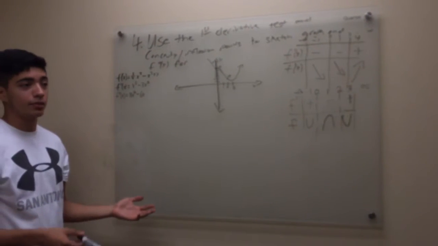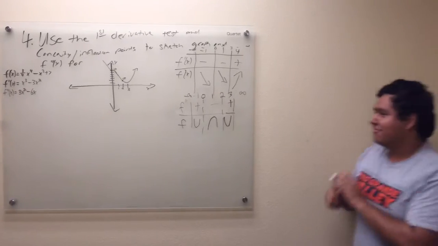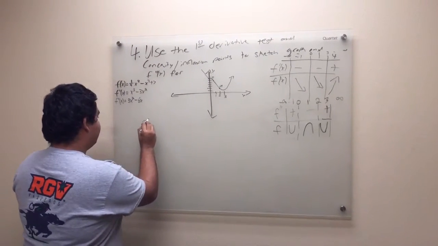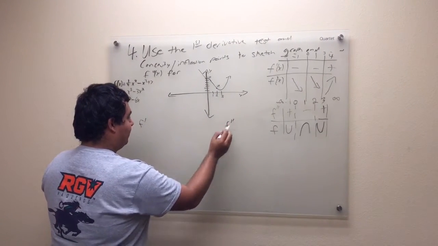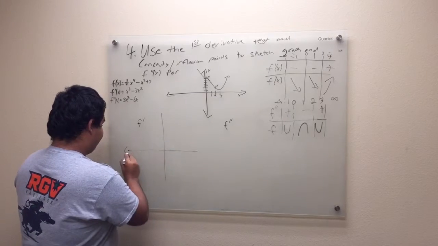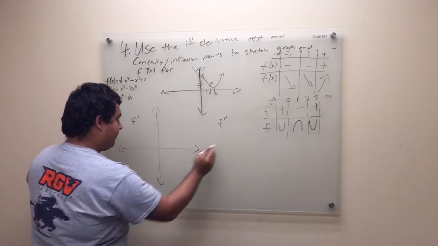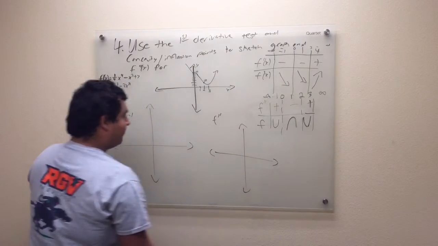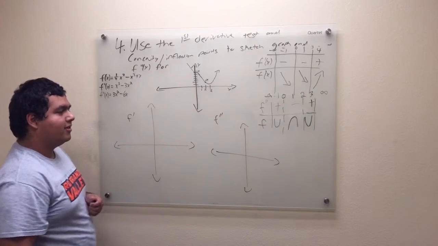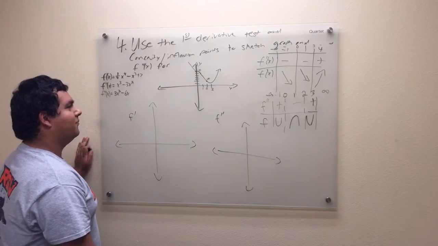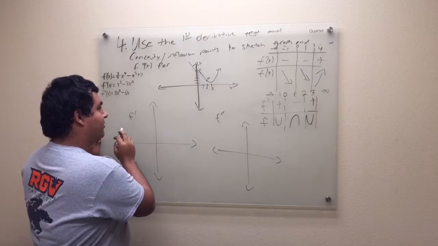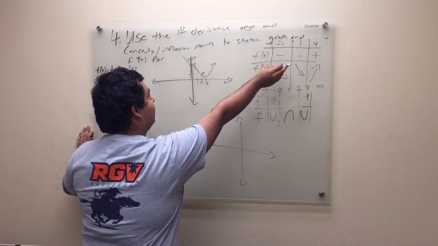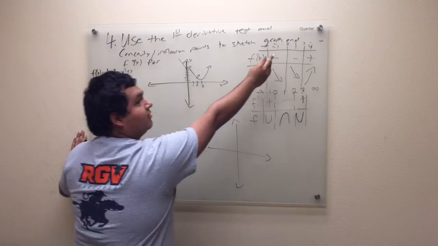Now we're back. Alright, so now we're going to graph f prime and f double prime, using what we found from the first derivative test and second derivative test. So for f prime, we can see that it's negative from negative infinity to 0.